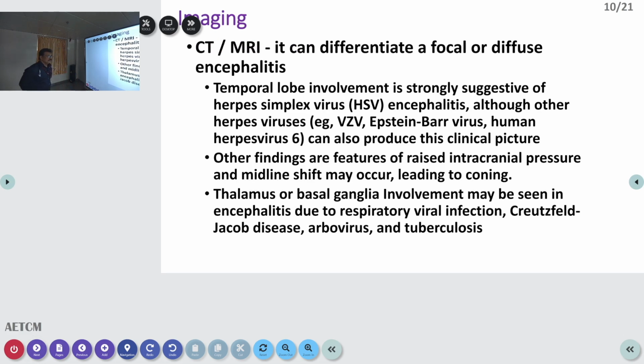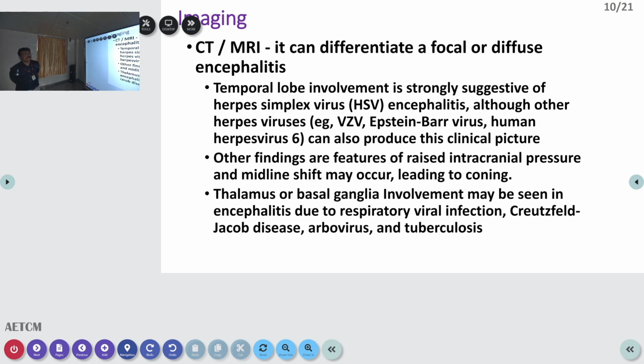Now, CT or MRI can be done in all encephalitis, but MRI is better than CT in encephalitis. There is no need of contrast in CT or MRI to detect encephalitis, but to detect inflammation of the meninges, you need to have contrast.